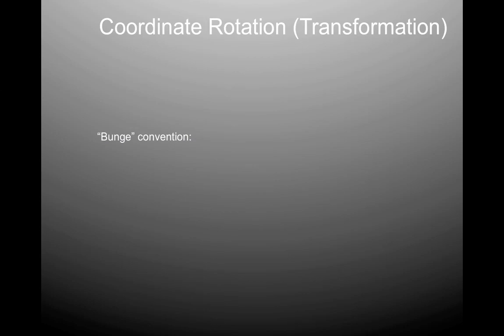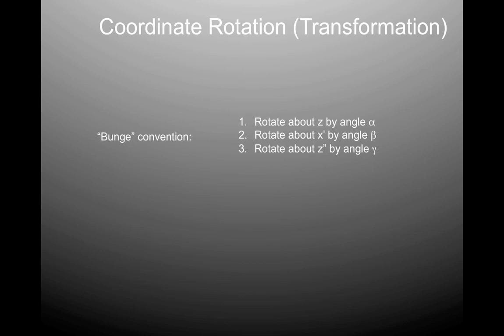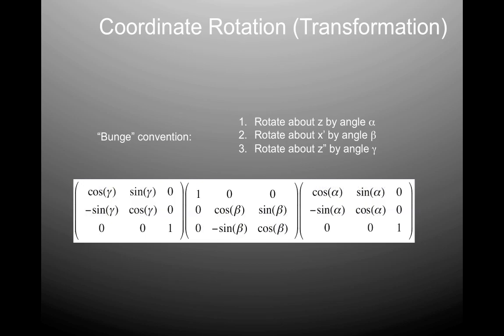I have to let you know that there's also a second convention, in which instead of in the second rotation rotating about the y-axis, it's rotation about the x prime axis. This gives a set of individual rotations that looks like this, very similar to the preceding, except the middle matrix has the one in the x position rather than in the middle of the matrix.